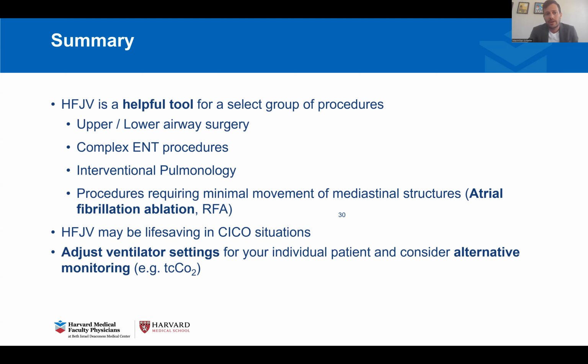For example, for lower and upper airway surgery, for complex ENT procedures, interventional pulmonology is certainly one of the areas where we use it the most, and then also atrial fibrillation procedures, especially if you have a very productive electrophysiology department and cardiologists, this can be really helpful. And if you're not using it in these procedures yet, your cardiologist at some point might actually ask for it.